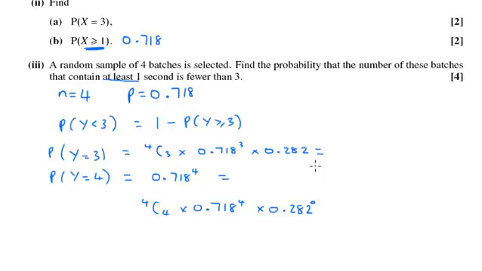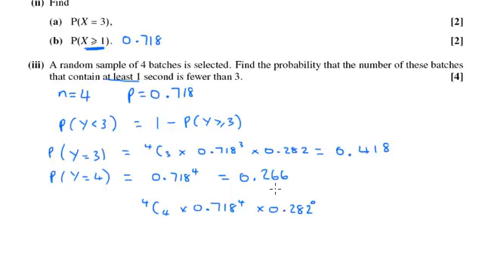So if we work those 2 numbers out and add them together as well, this one comes to 0.418. 0.718 to the power of 4 is 0.266.